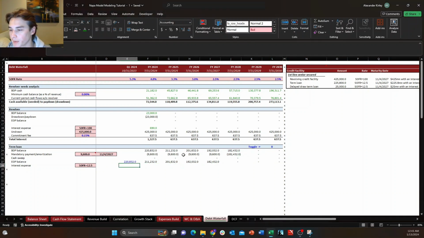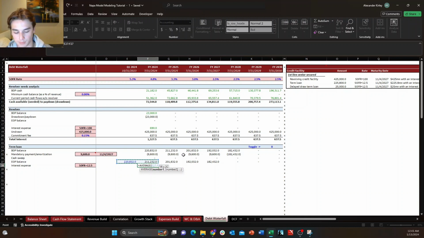For our interest payment, we're going to do the same thing we did above, where we take the average of end of period, and multiply it by our spread. We have to divide that by 10,000 to convert the units, plus our given SOFR.